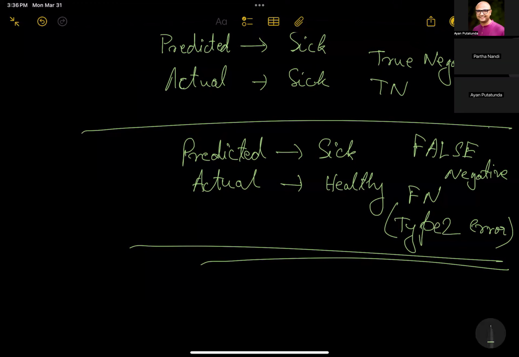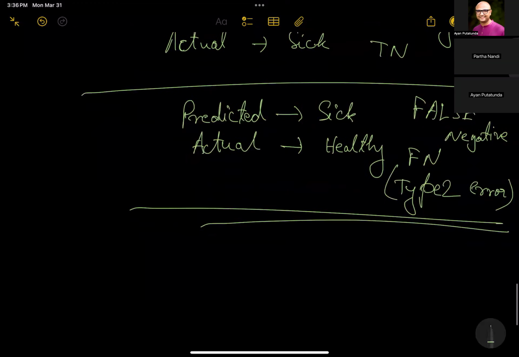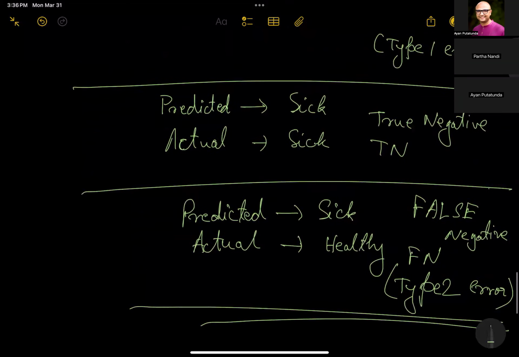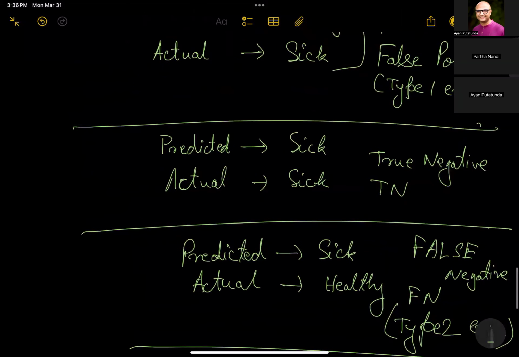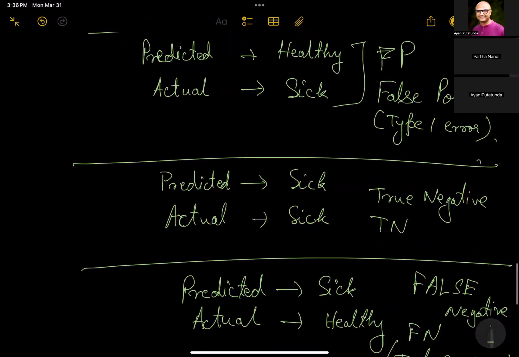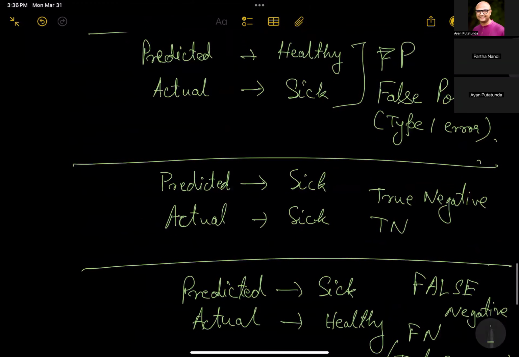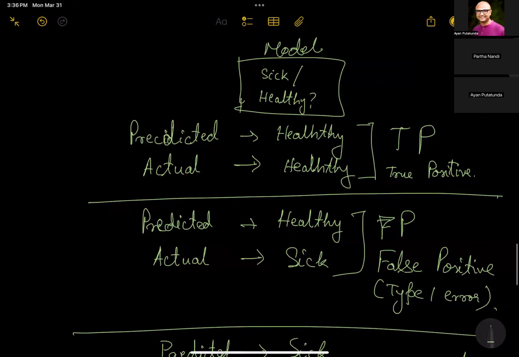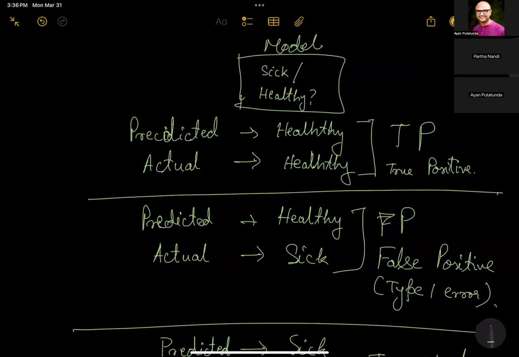So the terminology will come with model prediction. Let me make this a little easy for you. If you think the outcome of a result is positive, first of all, try to understand being healthy is positive.